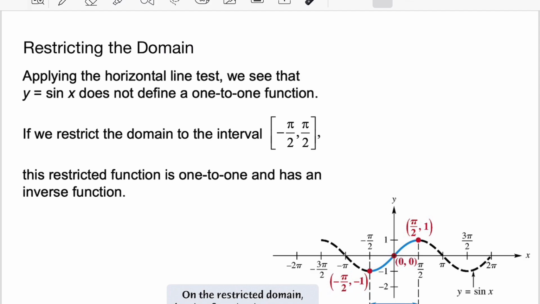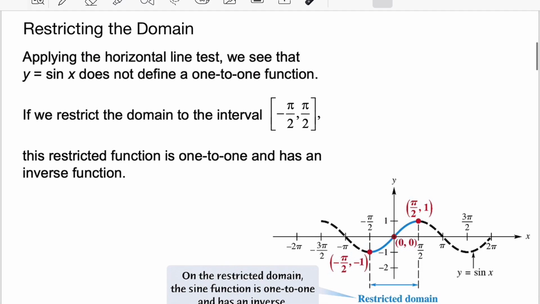However, if we were to restrict the domain of our sine function to this interval here, minus pi over 2 to pi over 2, we see that this restricted area would define a one-to-one function, and we can see that by applying the horizontal line test. The horizontal line would only intersect this graph at one point. So on this restricted domain, the sine function is one-to-one, and it will have an inverse.